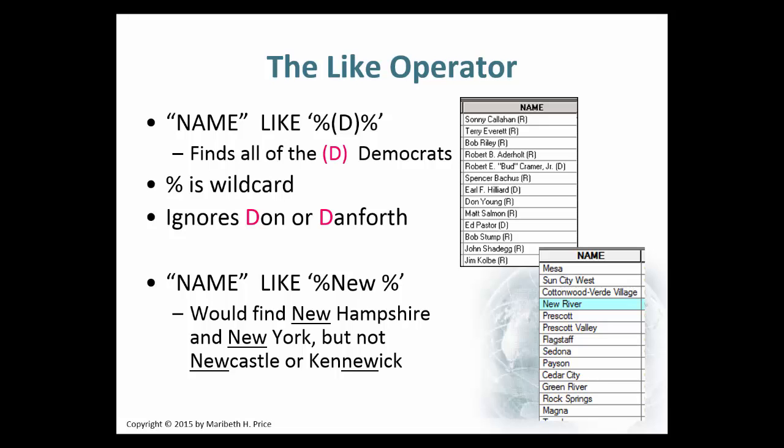The second example asks the computer to search all the records and select those where the word new followed by a space is found in the name field. This type of query is case sensitive.